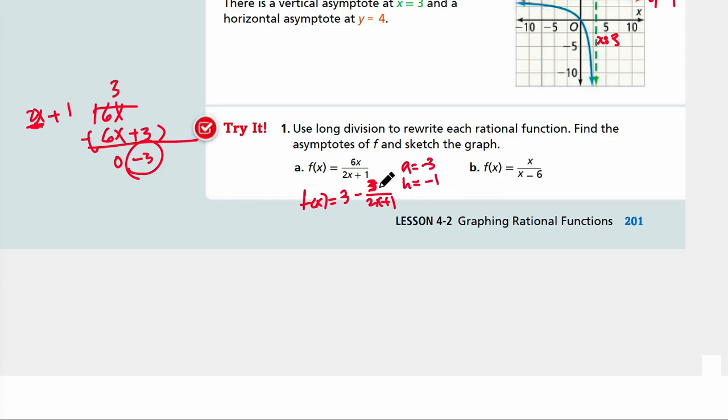But we don't know how to graph 1 over 2x plus 1, so I'm going to say a is negative 3 over 2. And then k is going to be 3.